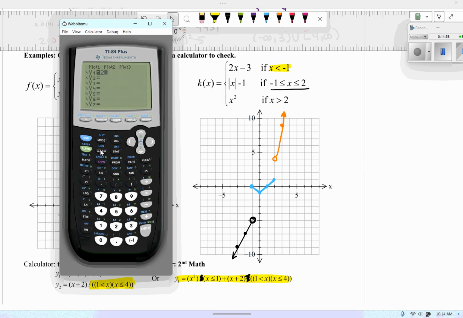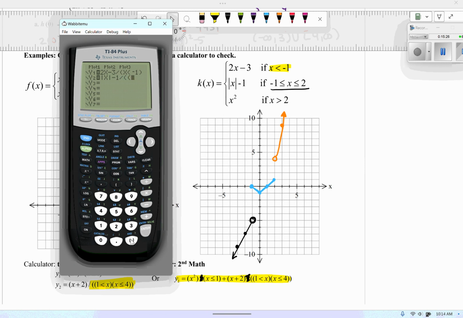So we have 2x minus 3, and then we have that for x values that are less than, excuse me, -1. And then to get absolute value, you can hit second catalog, and the first one is the absolute value. So we have the absolute value of x, and then -1, and that's for x values between -1 and 2.